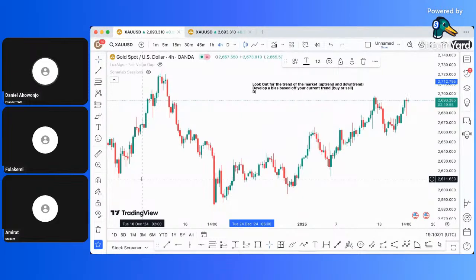Now, the next thing you want to consider is to draw out or mark out, let's just say mark out, major support and resistance.